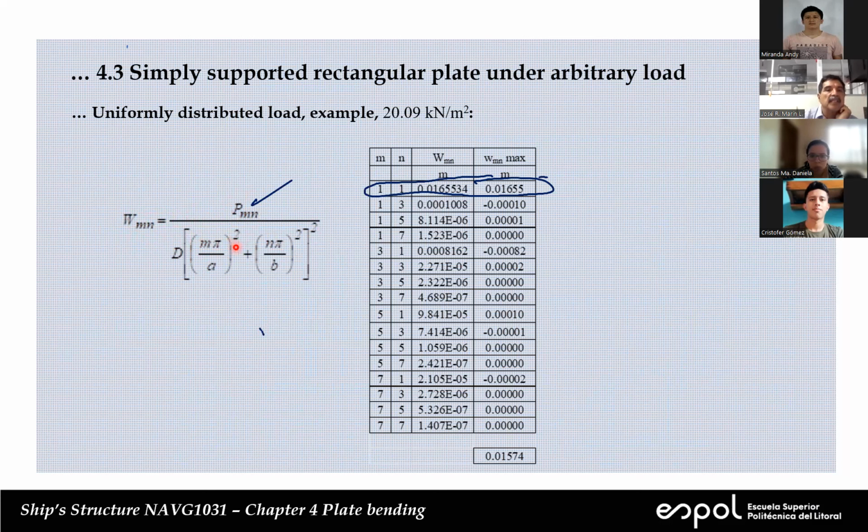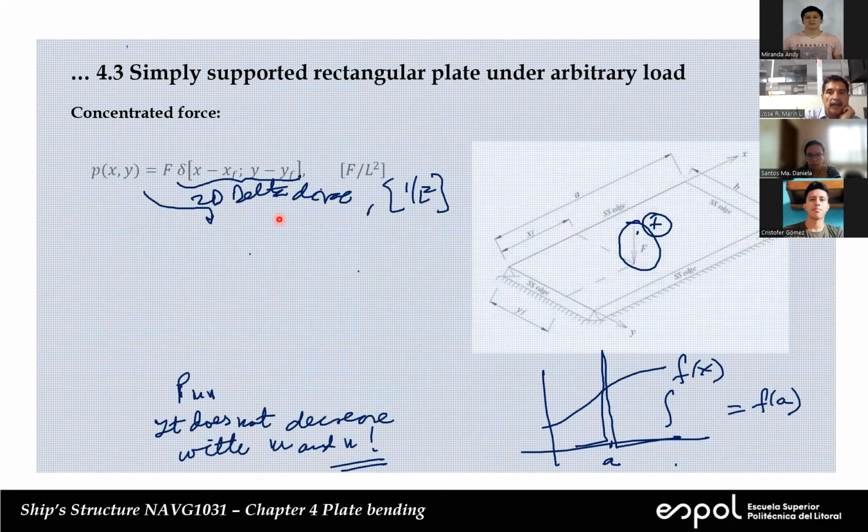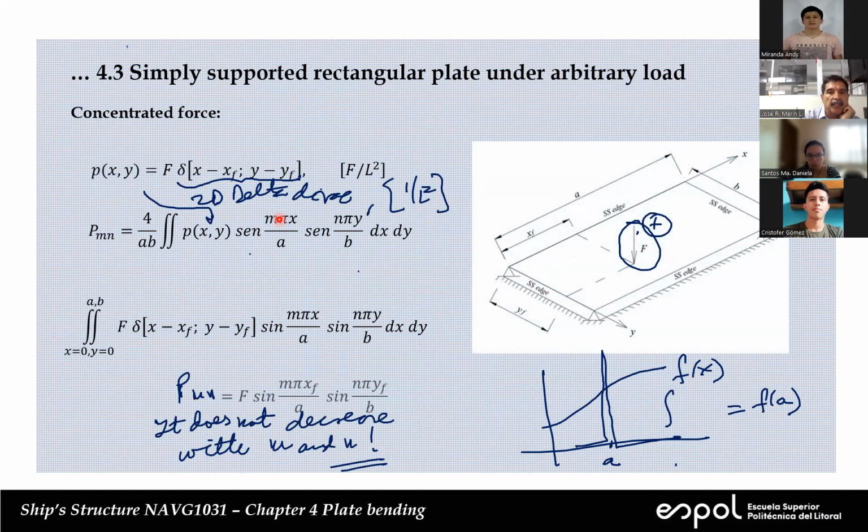Okay, so they are decreasing as you go with M and N. Okay, so we have to be careful here because in general, PMN, they don't decrease with M and N. But after we apply this in the expression for WMN, the amplitude, they do decrease. So we don't need to include a zillion terms for W. Remember, W is what we need. We need to include a decent number, but not infinite, okay?